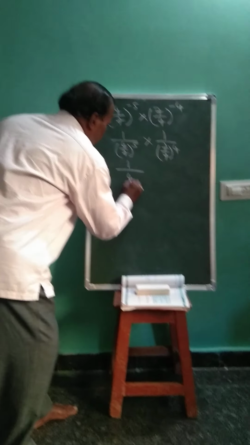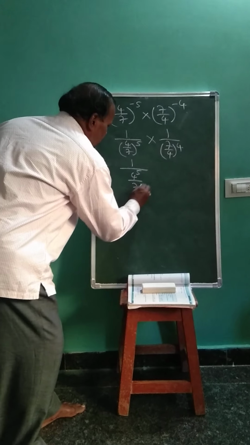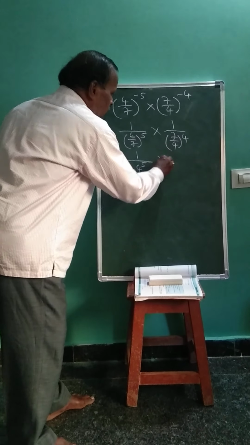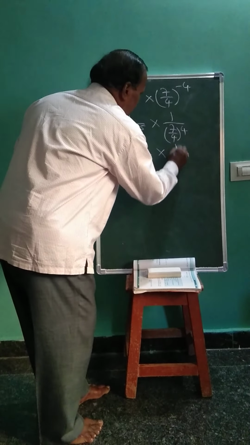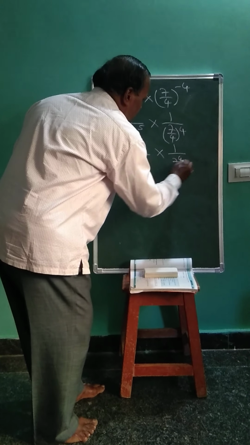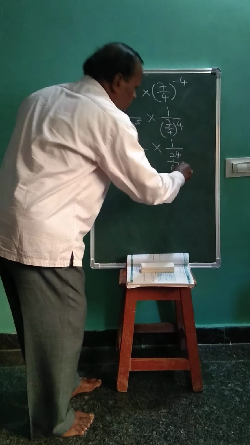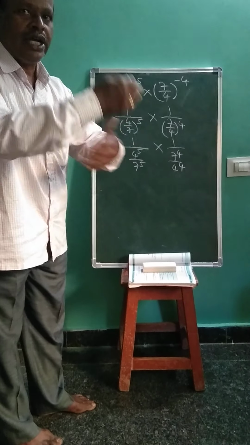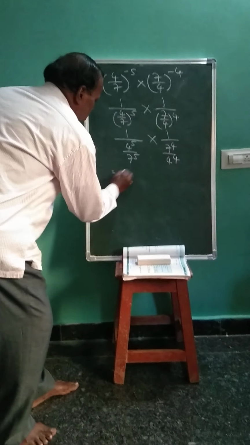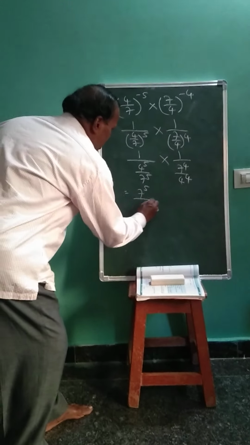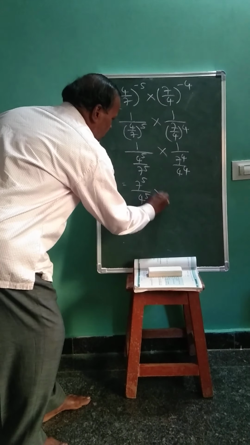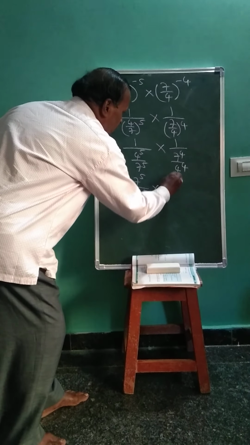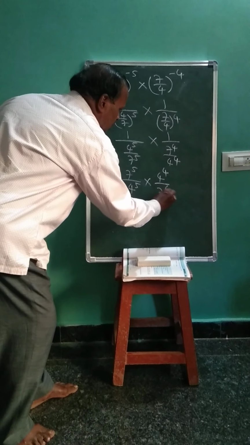So 1 by 4 power 5 by 7 power 5, into 1 by 7 power 4 by 4 power 4. Again we can write as the inverse: 7 power 5 by 4 power 5 into 4 power 4 by 7 power 4.